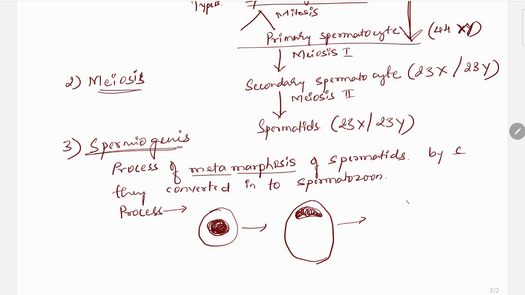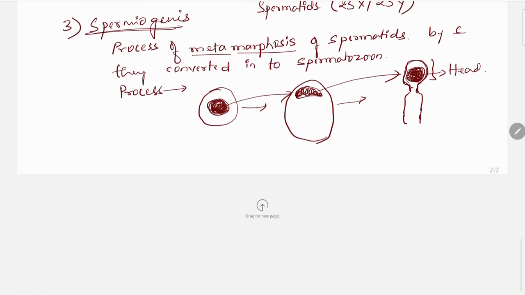Later the cell is going to form like this, and the nucleus is going to come in this area. Here is the neck, and this is again the middle piece. We will discuss it later, but here the nucleus will get condensed, and this is the head portion, right? So the nucleus converts from this form to this form.